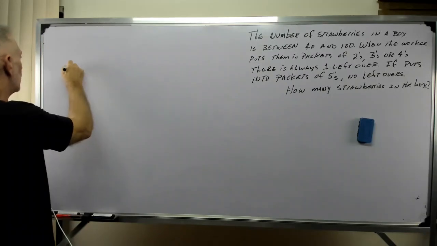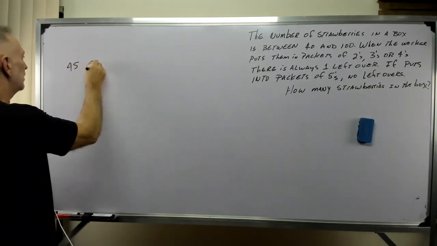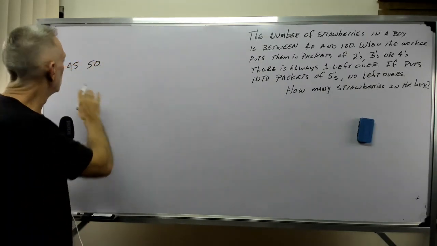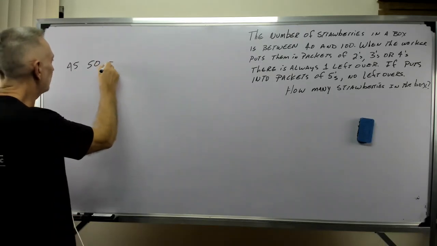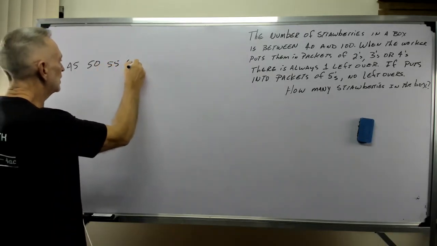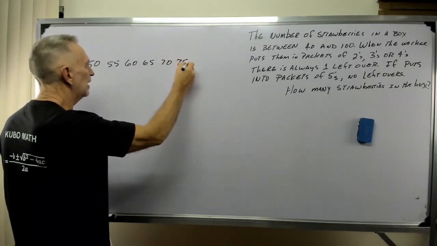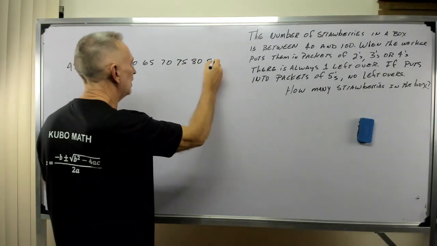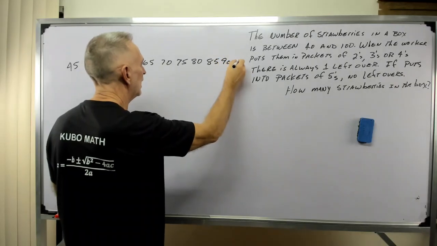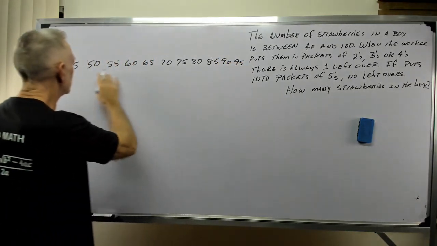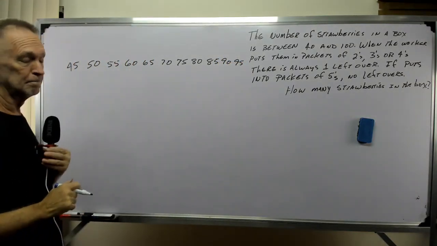So he has 45, 50. These would be the possibilities: 45, 50, 55, 60, 65, 70, 75, 80, 85, 90, and 95. Those would be the possibilities.